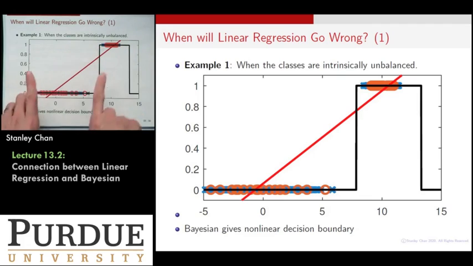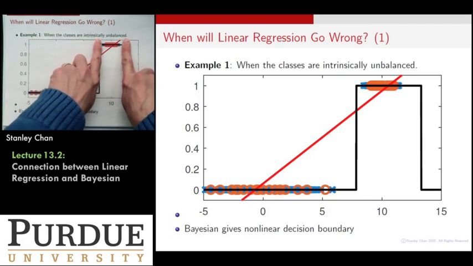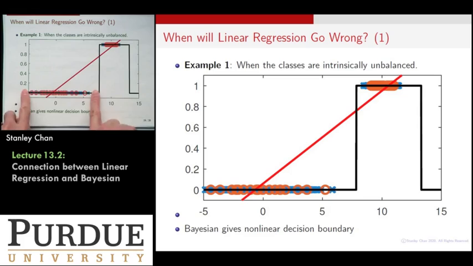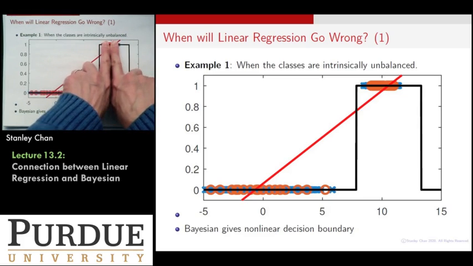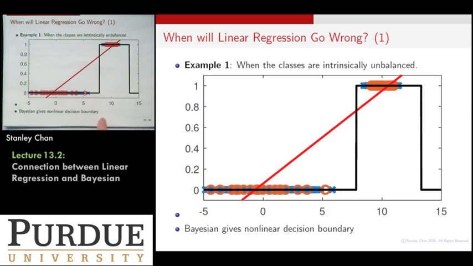Class 0 has a big spread, and class 1 has a very, very small spread. Now, if you try to fit the data, what are the blue crosses? The blue crosses are a lot of these samples. Let's say you have drawn a million of these samples.